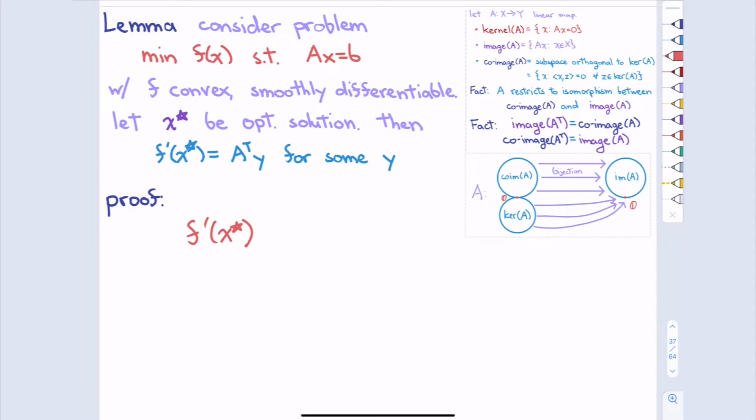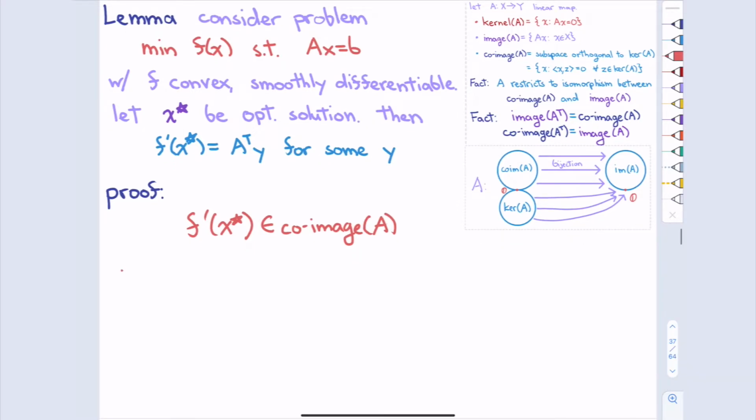Now, that's not exactly the case because there's these constraints A we have to respect. But I'm going to claim that the analogous statement is that f prime x star has to be in the co-image of A, which is to say it has to be orthogonal to the kernel of A.